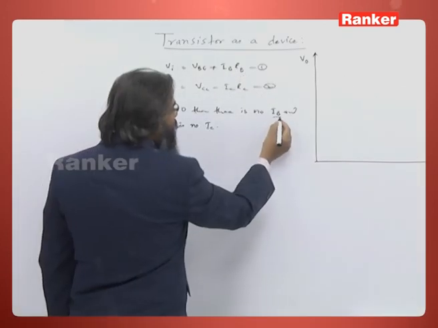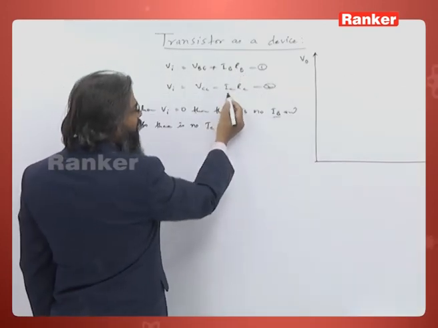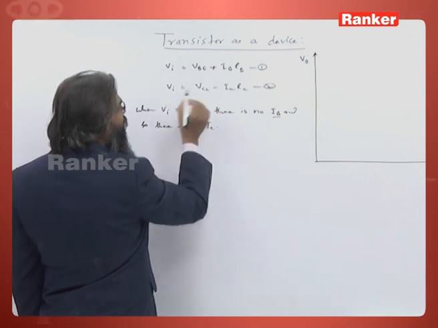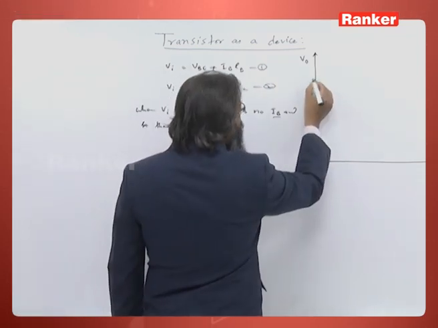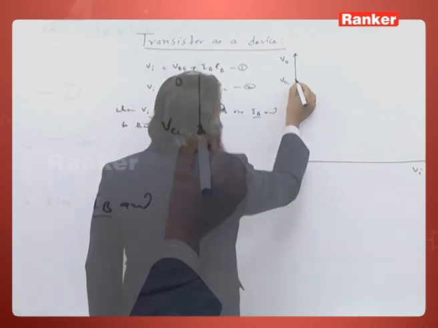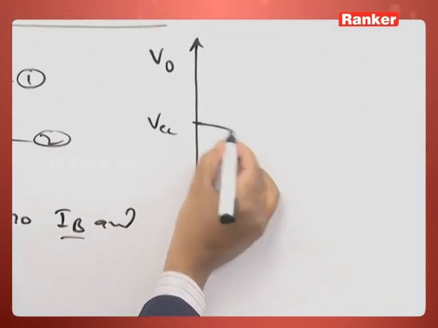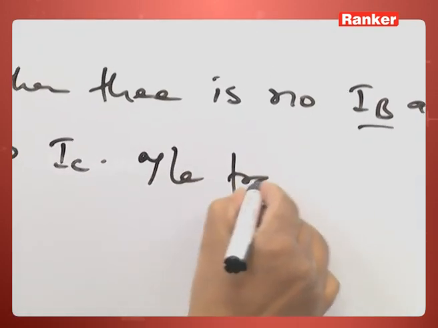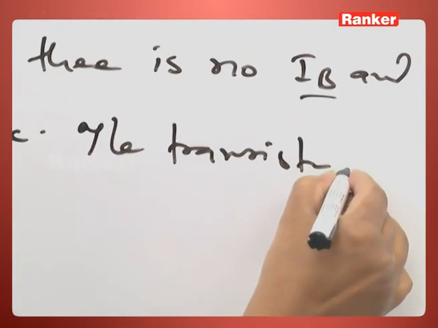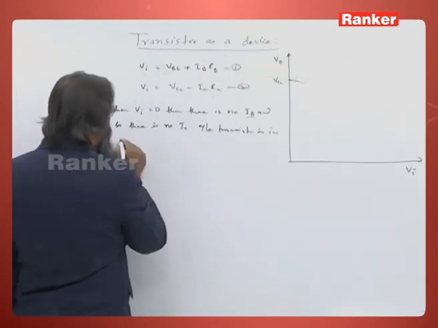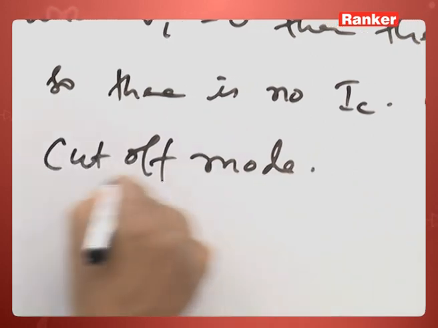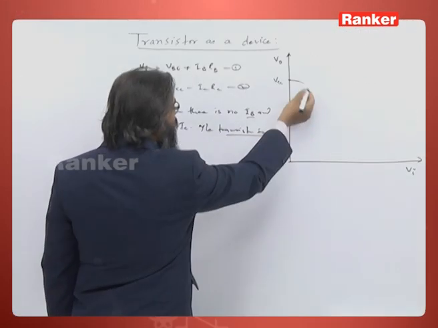So there is no base current, so there is no collector current, and there is no drop across the collector resistor, so V output becomes VCC. That means here it is VCC. So my graph should come like this. Now the transistor is in cutoff mode. We say the transistor is in cutoff mode. This is very important.